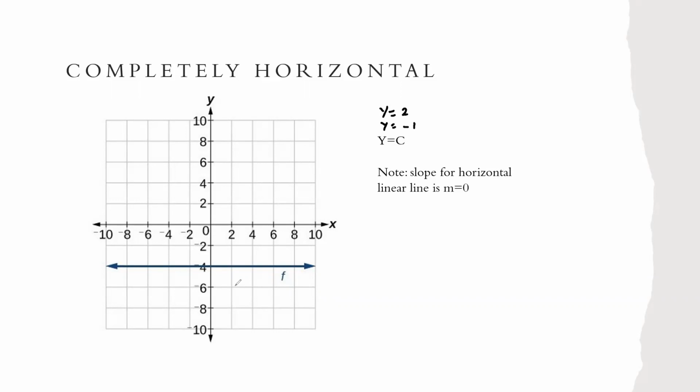It's going to go completely horizontal. And just note, for right now, the slope for a horizontal linear line is m equals 0. We'll go over slopes in the next lecture. Okay, so those are the 4 forms of a linear line. It could be positive, negative, completely vertical, or completely horizontal.